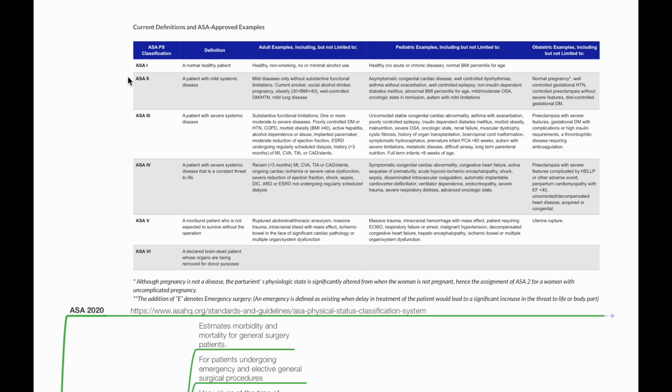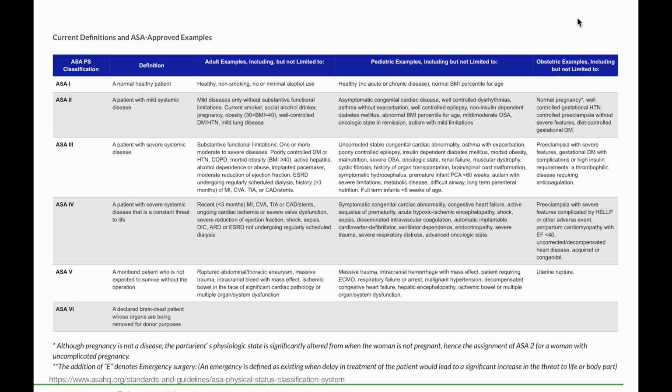ASA 1 indicates normal healthy patient, ASA 2 a patient with mild systemic disease, ASA 3 patient with severe systemic disease, ASA 4 patient with severe systemic disease that is a constant threat to life, ASA 5 moribund patient who is not expected to survive without the operation, ASA 6 declared brain dead patient whose organs are being removed for donor purposes. Adult examples, pediatric examples, and obstetric examples are included here. Addition of E denotes emergency surgery.